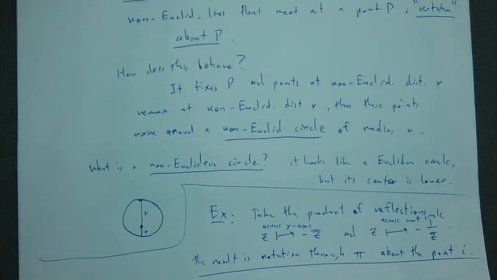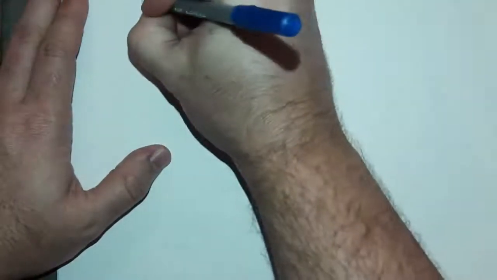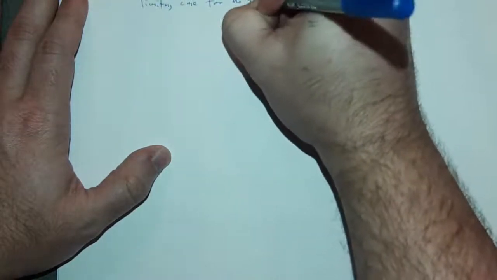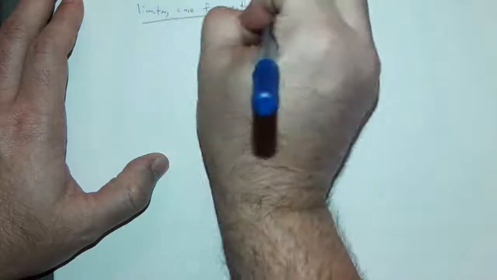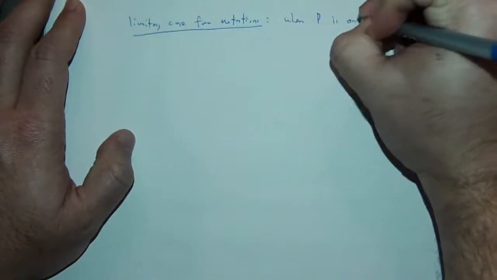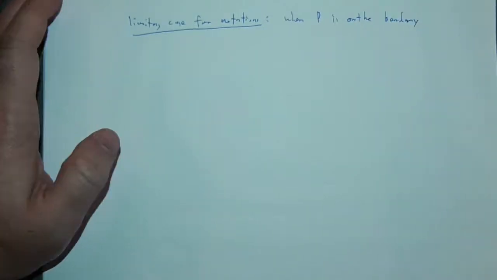So there is a limiting case for rotations. The limiting case is when the point P is on the boundary, or at infinity.